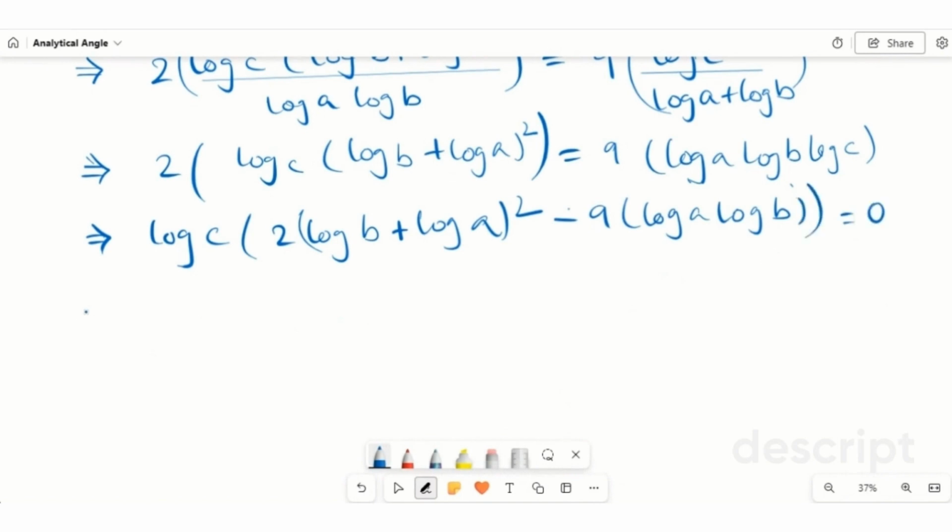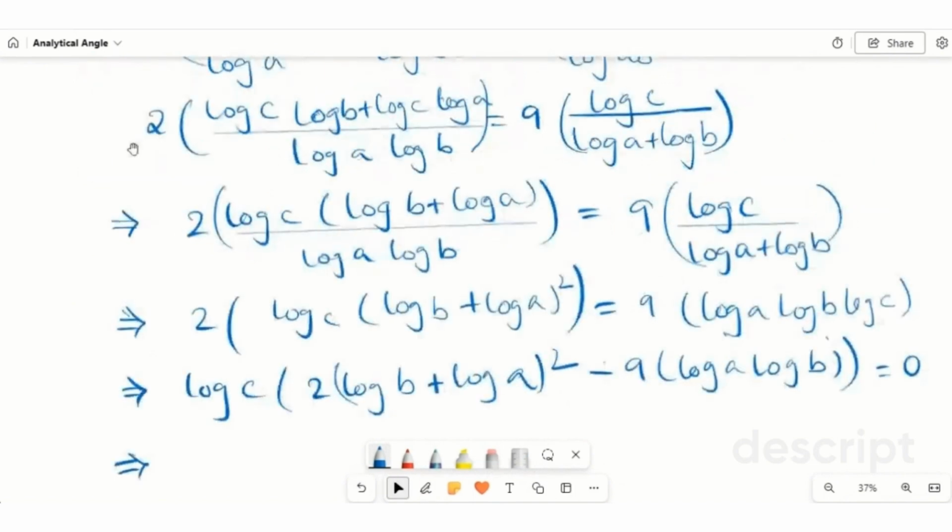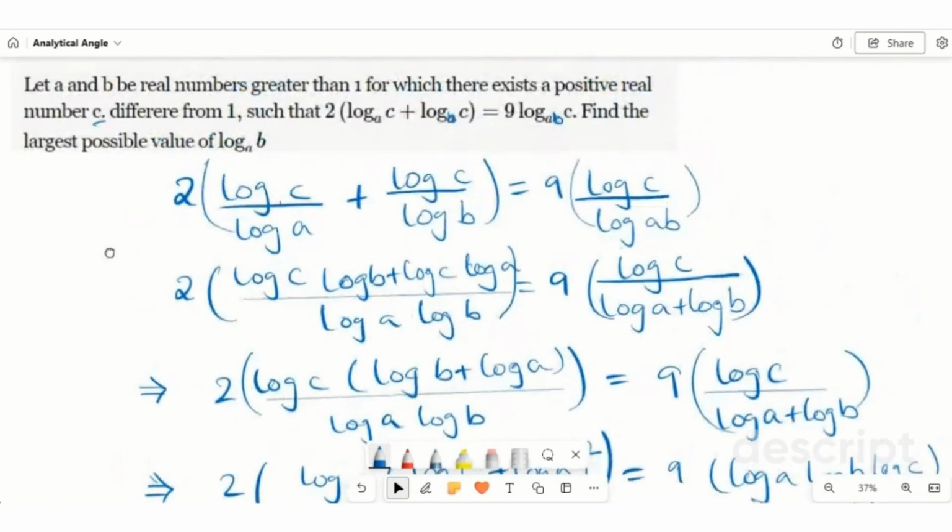So now the question has told us, if we go back to the question once, the question says that A and B are real and C is a positive real number different from 1, that means C is not equal to 1.